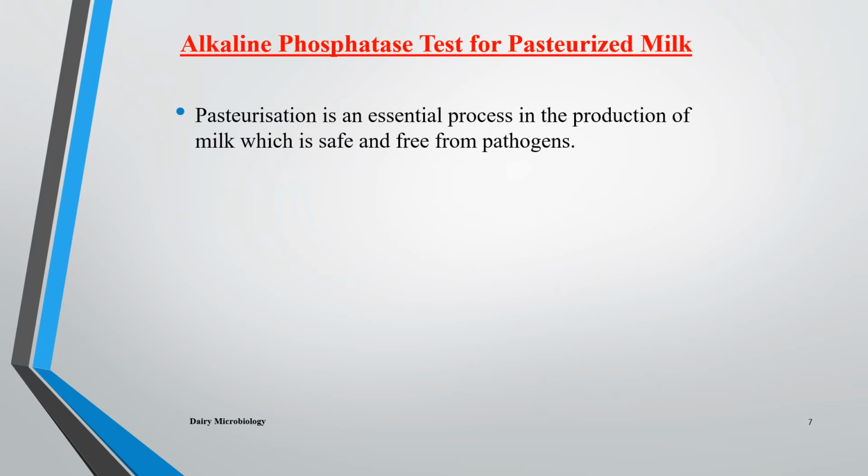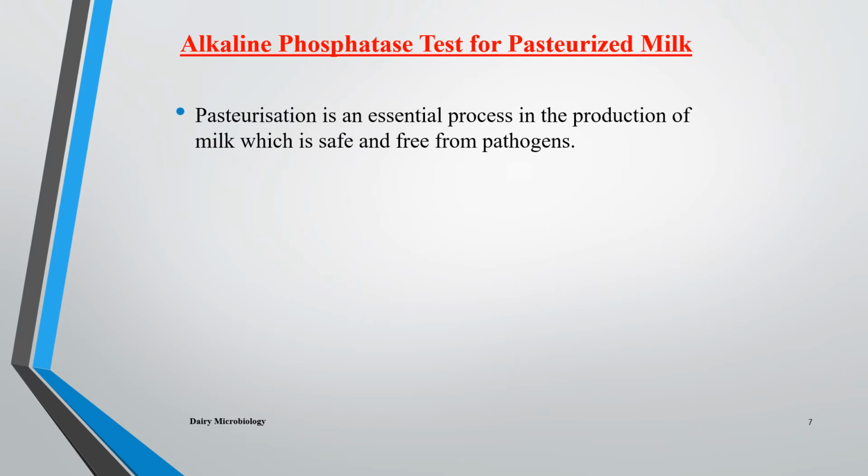The second method of pasteurization is called the HTST method, that is high temperature short time method, in which the exposure temperature is 72 degrees Celsius for 15 seconds.